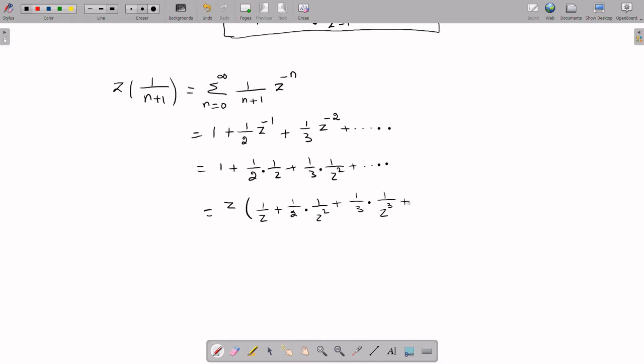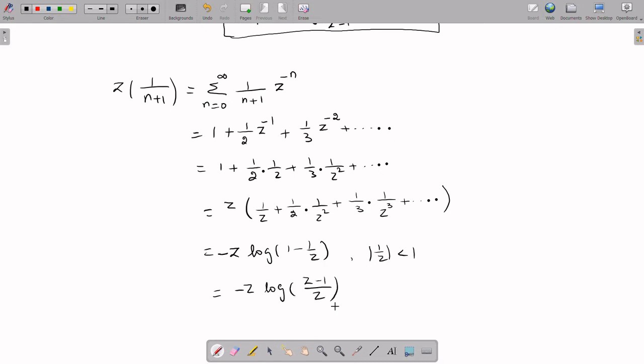plus etc. Or you can write z into this term can be written as minus log of 1 minus 1 by z. Okay, and again the condition here is mod of 1 by z less than 1. Okay, so which is equal to minus z log of (z minus 1) by z.